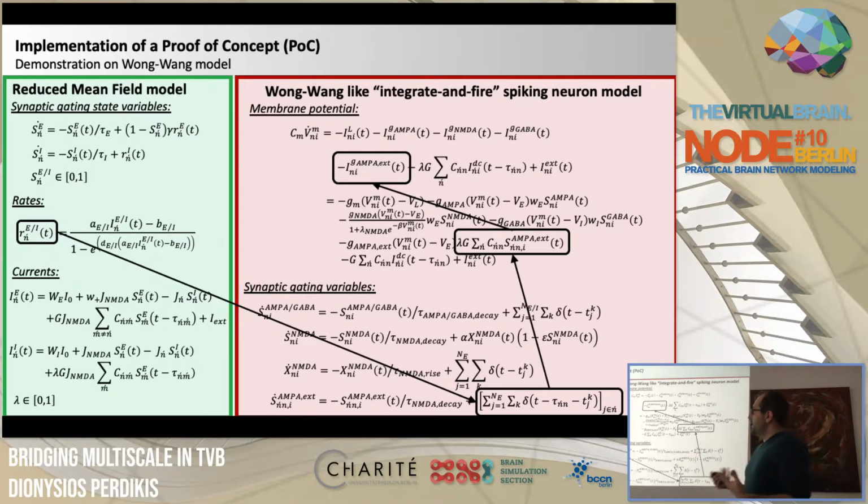So, first of all, one way would be to try to convert the rate variables here, the outgoing output rates as we said, to spike trains, and send these spike trains then to the spiking network. So how to do this? At every time step of the simulation, we get the rate of this region.